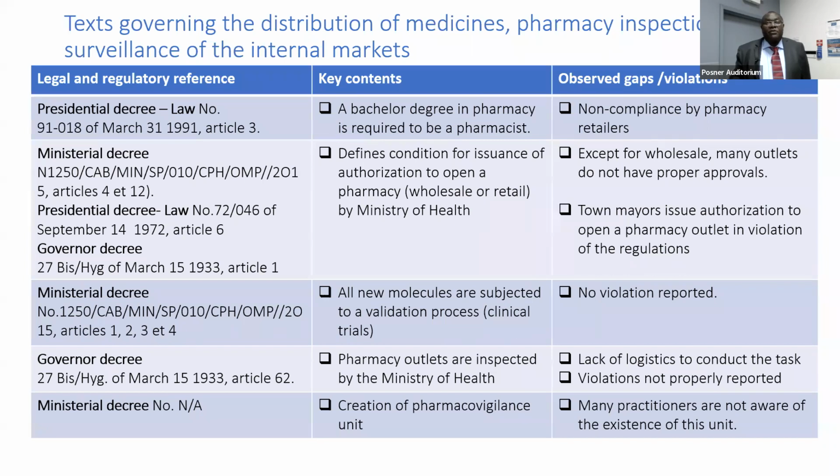But we also have mayors who don't have the authority to issue these documents, but they are doing that, because only the Ministry of Health is allowed to issue the papers to open a pharmacy outlet. And there's a requirement for clinical trials when you bring in a new molecule; the process is in place. We don't have many violations in that area.